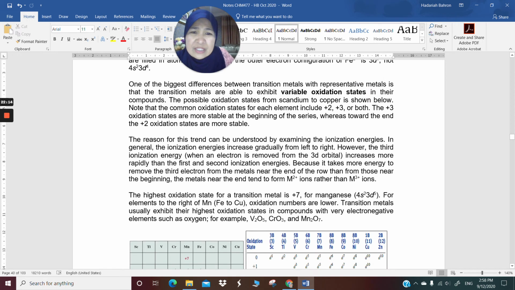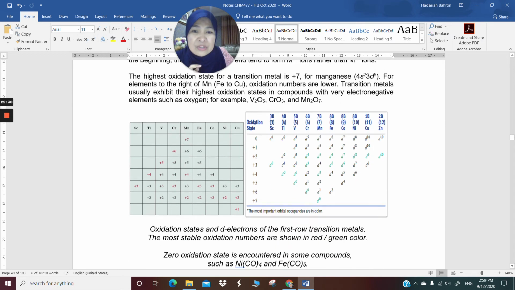The possible oxidation states from scandium to copper are shown in this figure down here. And note that the common oxidation state for each element will include +2 and +3 or both. The +3 oxidation states are more stable at the beginning of the series, whereas towards the end of the series, the +2 oxidation states are more stable.